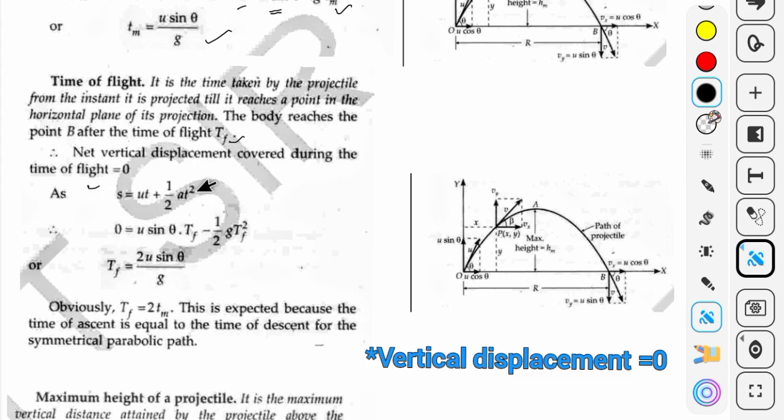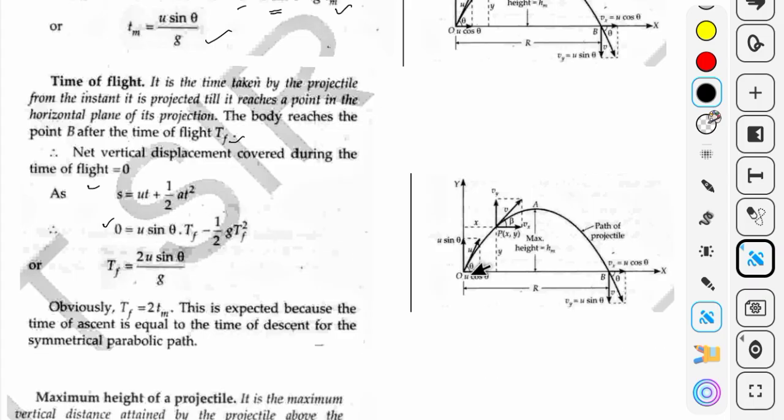As s equals ut plus half at square and the vertical distance covered is 0, s equals 0. The vertical component of initial velocity was u sin theta, total time of flight is Tf and the acceleration is minus g, so half g Tf square. From this we find Tf equals 2u sin theta divided by g.